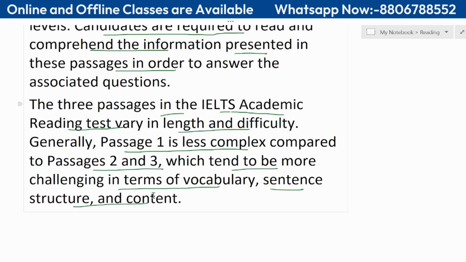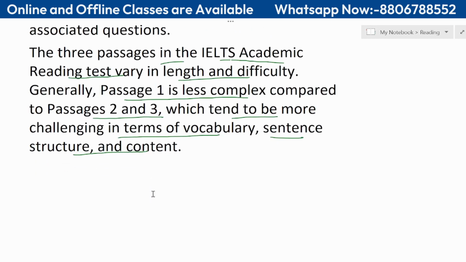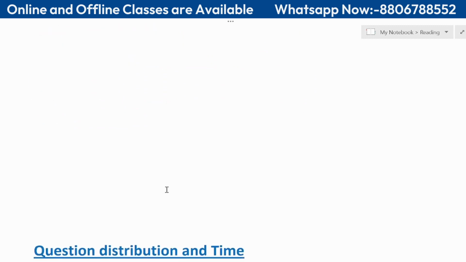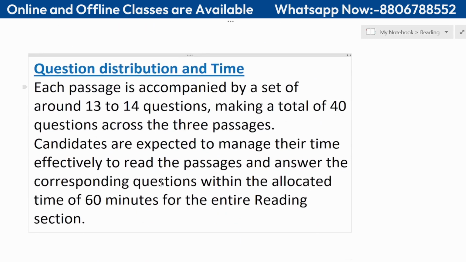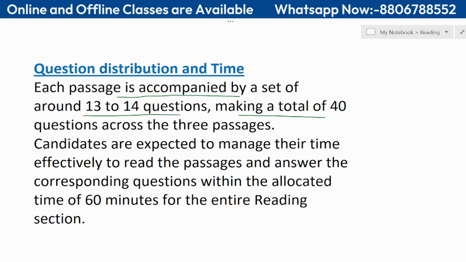So you need to be careful in relation to managing the time for passages 1, 2, and 3. So let us go on to the next one, which is the question distribution and time. Each passage is accompanied by a set of around 13 to 14 questions, making a total of 40 questions across the 3 passages.